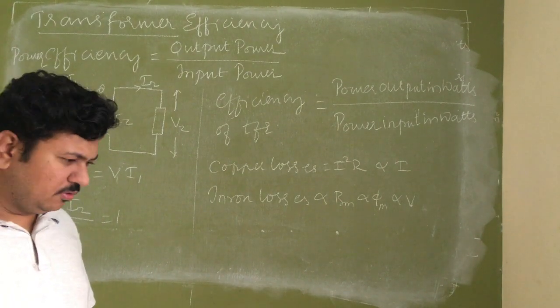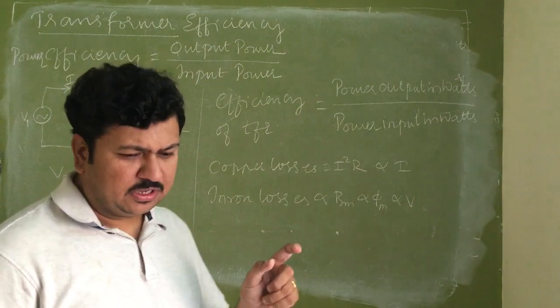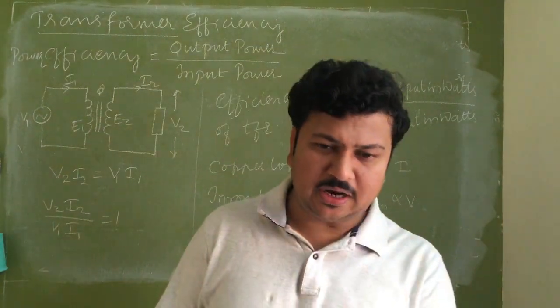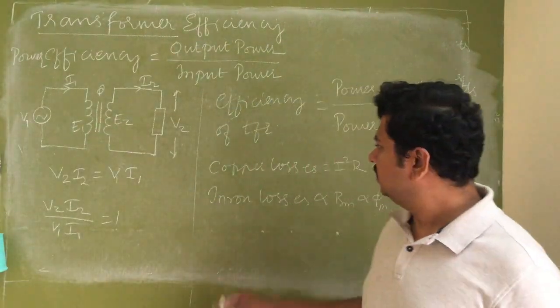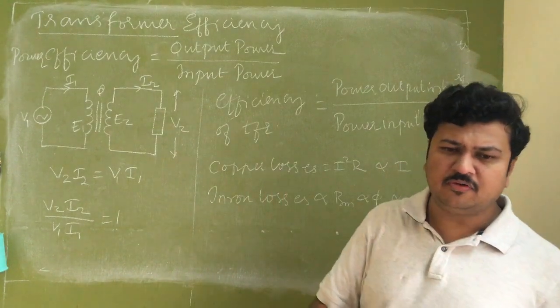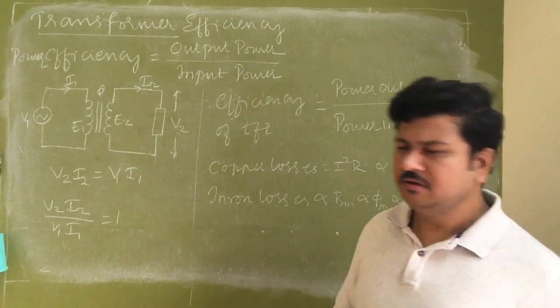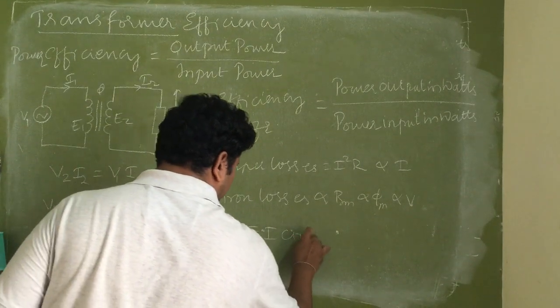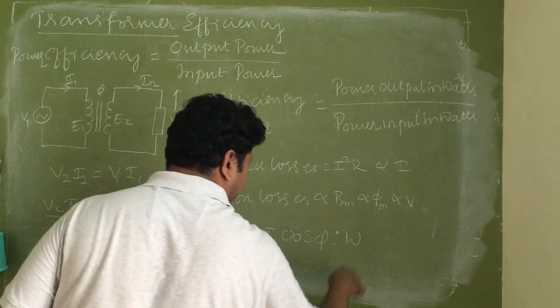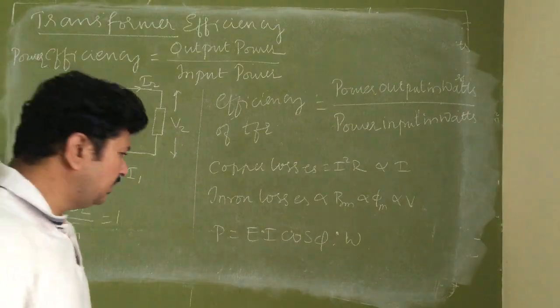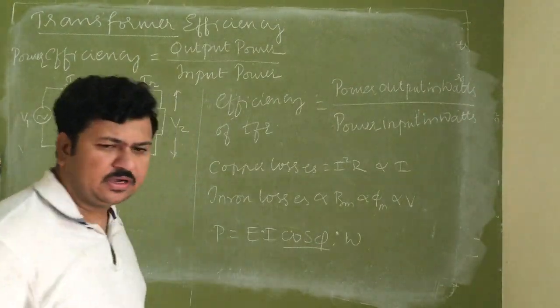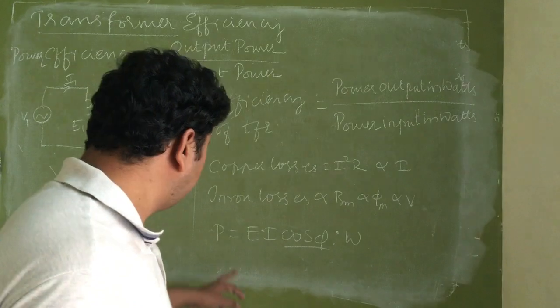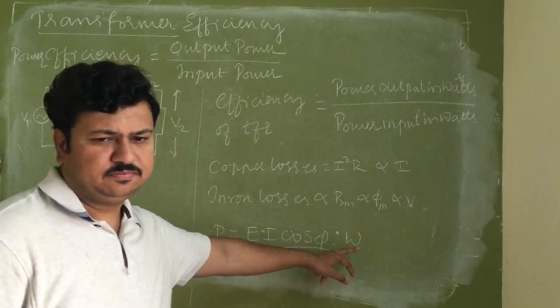So when I have to define a particular machine in watts, I should define its operating power factor, because we know P is equal to EI cos phi, and this is in watts. Until and unless I define the power factor, I can't get the power output in watts or power input in watts.